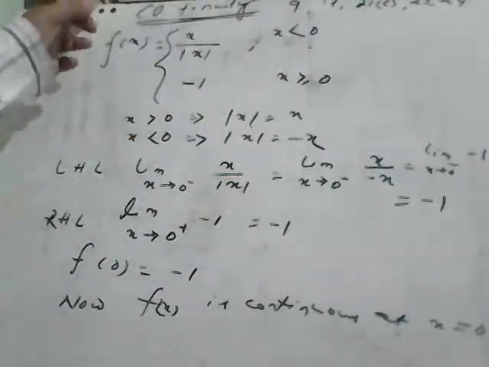When x is greater than 0, that is also minus 1. So you are getting f(x) equal to minus 1, which is a constant function. Hence, it is a continuous function. It has no points of discontinuity. It is continuous throughout. Do you follow this thing? Now, question number 9, this is your answer.